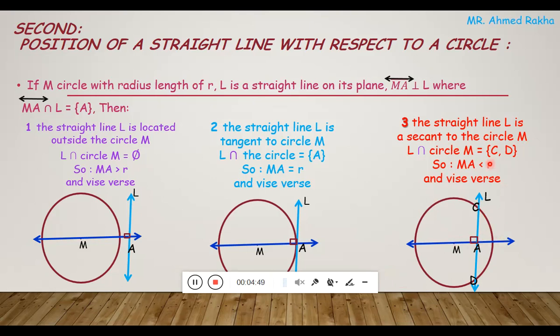If the radius is 5, MA is smaller than 5. MA may be 3.5, it may be 2 centimeters, 1 centimeter, and so on.